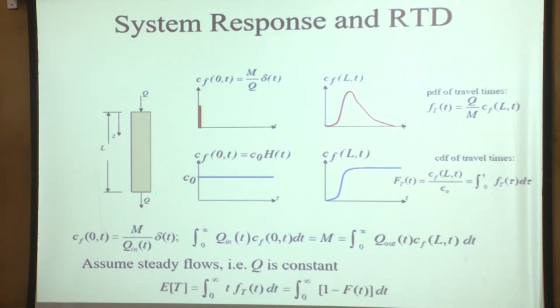And what I observe at L looks like this function. By definition, this function, because we had this M over Q, and I think when we were deriving these equations, we set M over Q equal to 1, just for simplicity, these two would essentially be the same. Similarly, if instead of all the particles being introduced at once, we maintain them at a constant concentration, what you would observe at the outlet is this S-shaped curve, which is what Professor Srivastava was showing you initially.